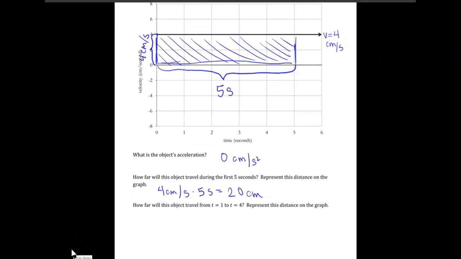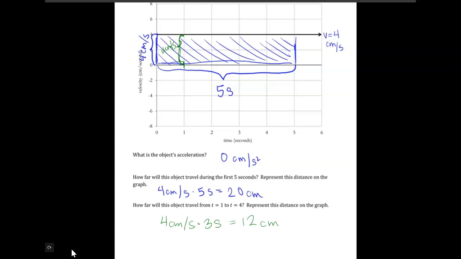Okay, so I want to look at just one more example on this picture. So we're going to switch to green, and now we're interested in how far the object will travel from t equals 1 to t equals 4. So we're traveling at 4 centimeters per second for 3 seconds this time, for a total of 12 centimeters traveled. If we look back up at the picture, the 4 centimeters per second is the same thing that it was before. It's a vertical distance.